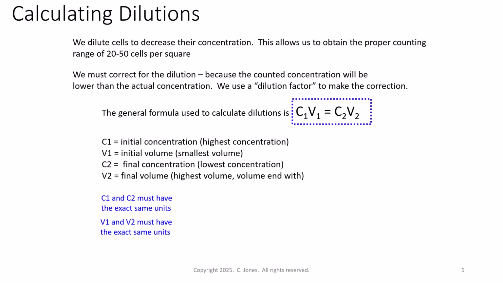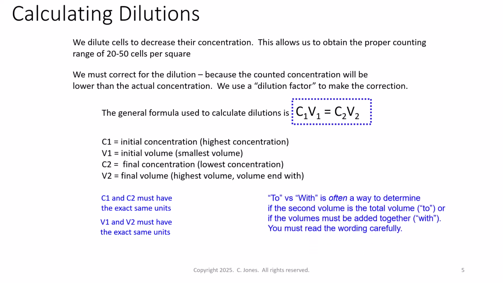And when we're doing these kinds of calculations for determining the cell concentration, it is really difficult to not have C1 and C2 in the same units. They're either going to be cells per mil or cells per centimeter squared, and the same for V1 and V2. V1 and V2 are almost always going to be in values of microliters, all right? But if you're doing other kinds of calculations, these units may differ, and you need to just make sure that C1 and C2 are exactly the same, and V1 and V2 are exactly the same.